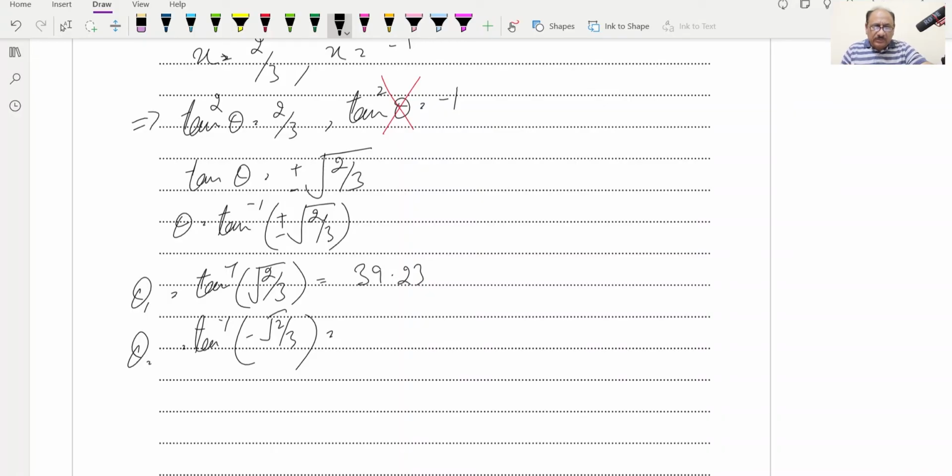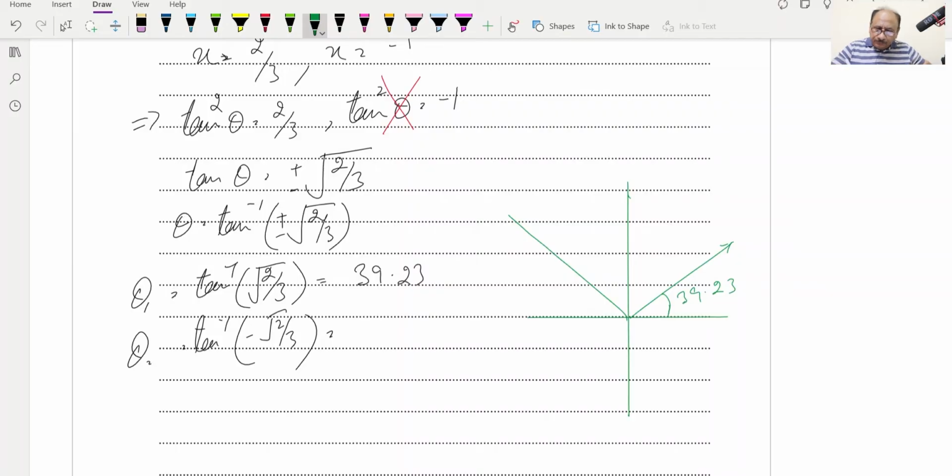39.23, and for the second angle we can draw the quadrants and check. The tan theta value is 39 point something, so this will be 39.23, and the other value can be a reflex angle, on this side.